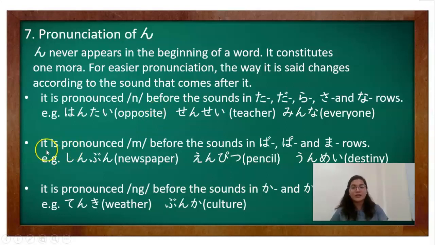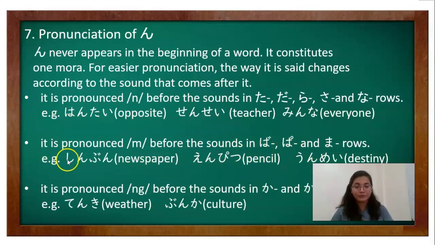Next up, this hiragana N is pronounced m before the sounds in the ba, pa, and ma rows.